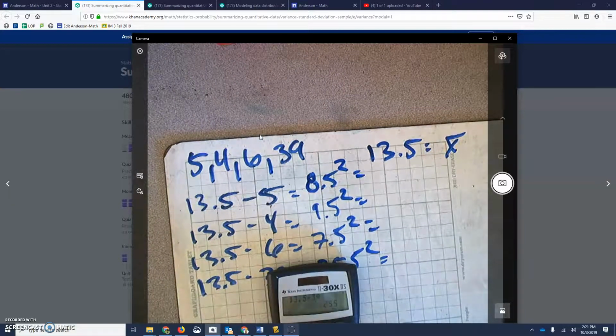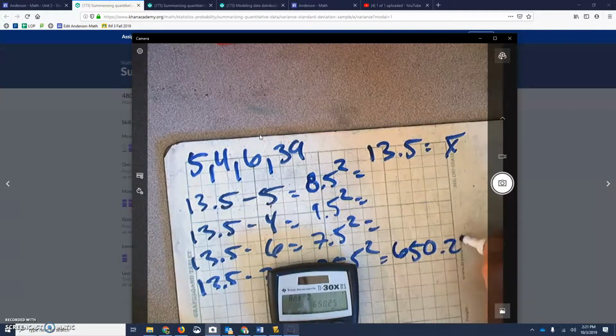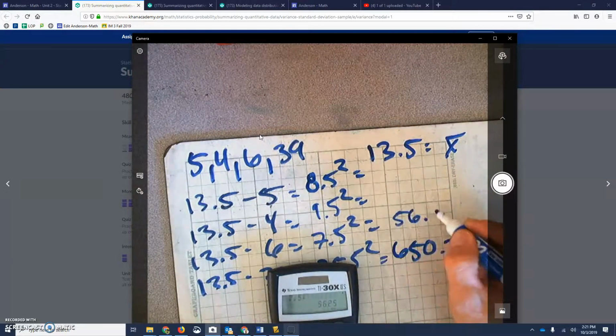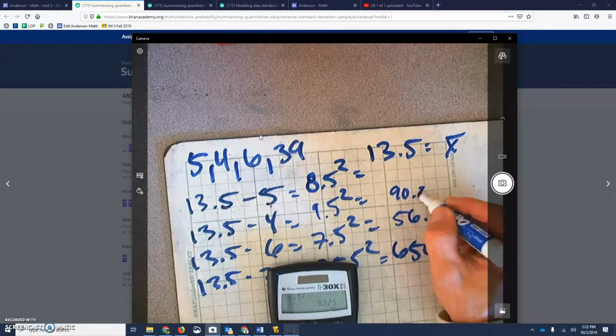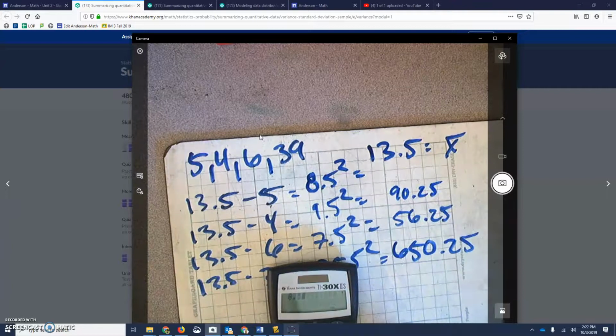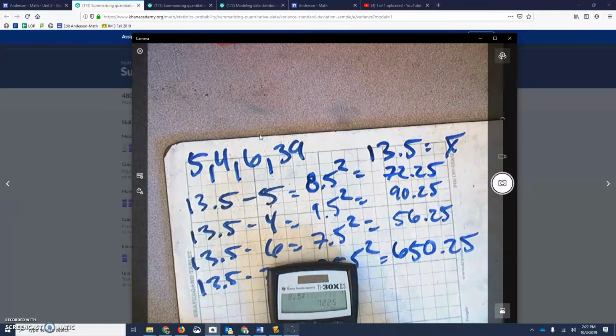We're squaring all these. So 25.5 squared is 650.25. 7.5 squared is 56.25. 9.5 squared is 90.25 and 8.5 squared is 72.25. Add these all up, and we're going to find the average of these numbers, and then we are done.